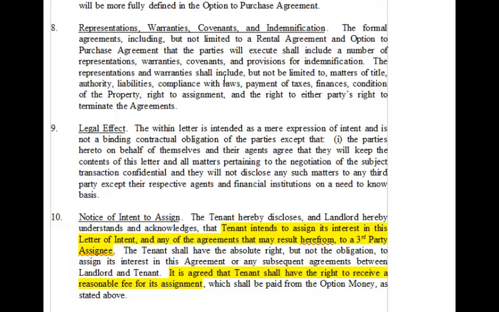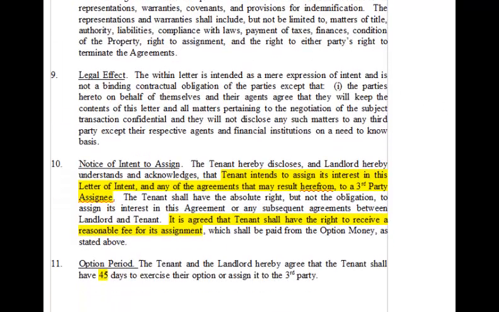The representations and warranties shall include, but not be limited to, matters of title, authority, liabilities, and compliance with laws, payments of taxes, finances, conditions of the property, rights to assignment, and either party's right to terminate the agreement. So that paragraph is kind of getting people out of trouble.